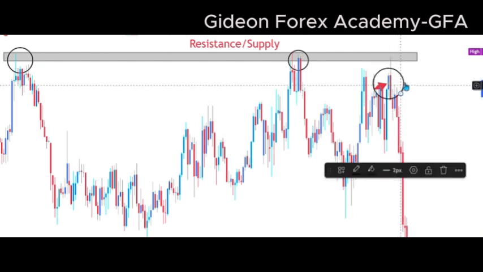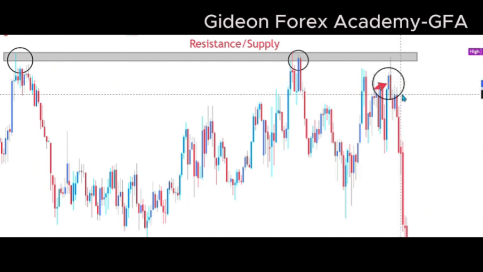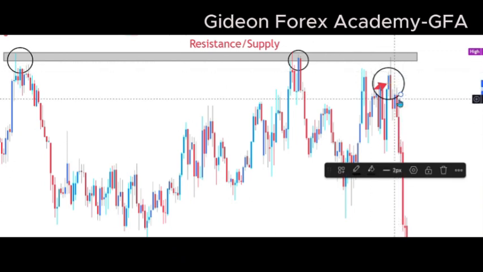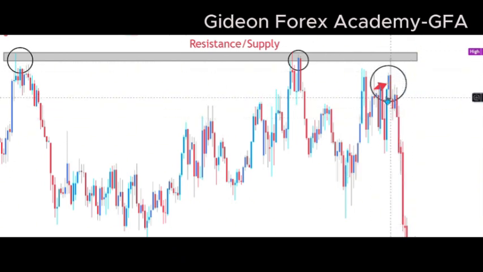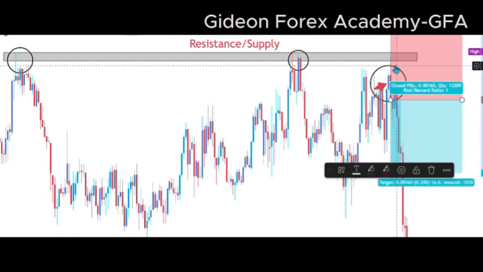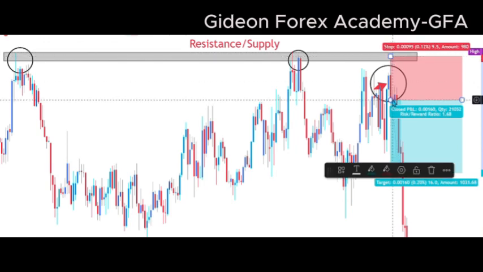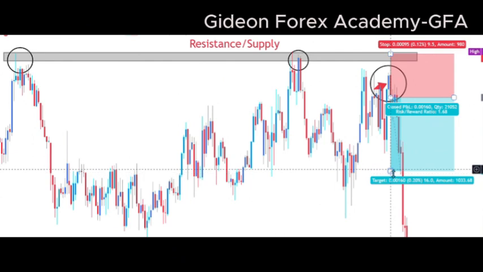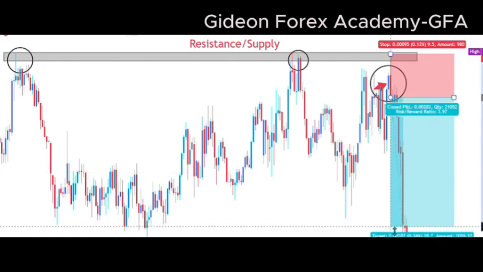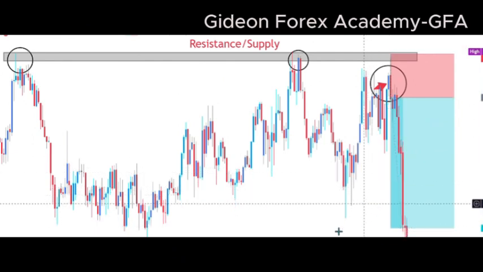That is your indication that there is selling pressure at that point. So you can place your sell order just at the close of that bearish engulfing candle and consider holding it all the way down below. That bearish engulfing candlestick pattern indicates bearish momentum to the downside.